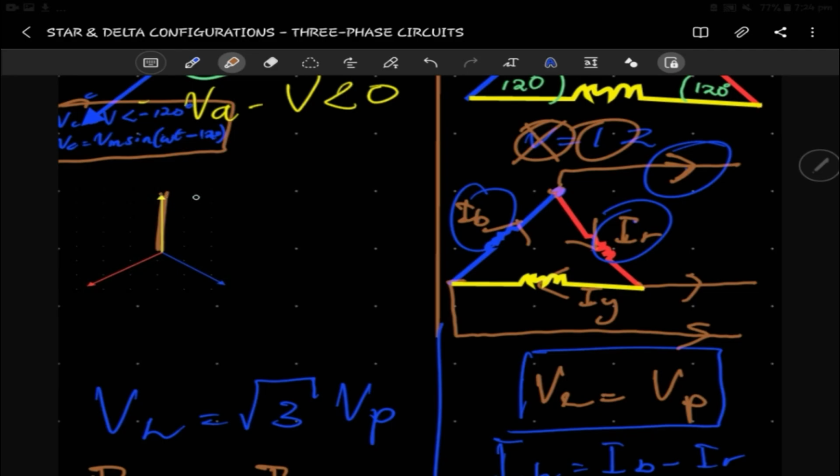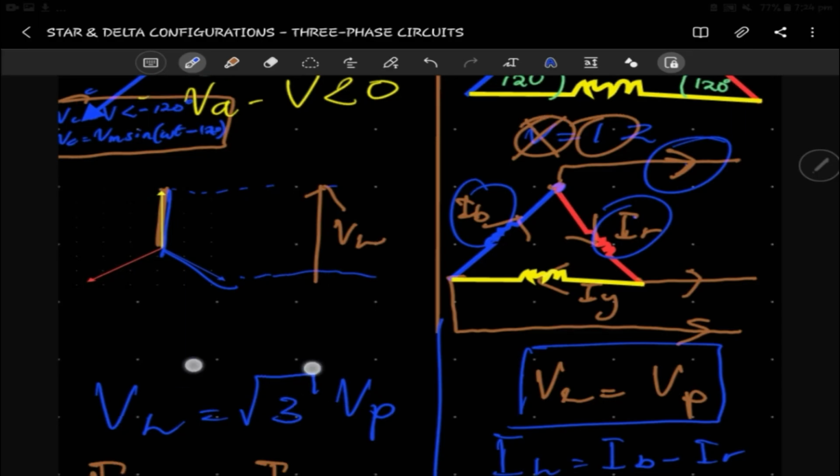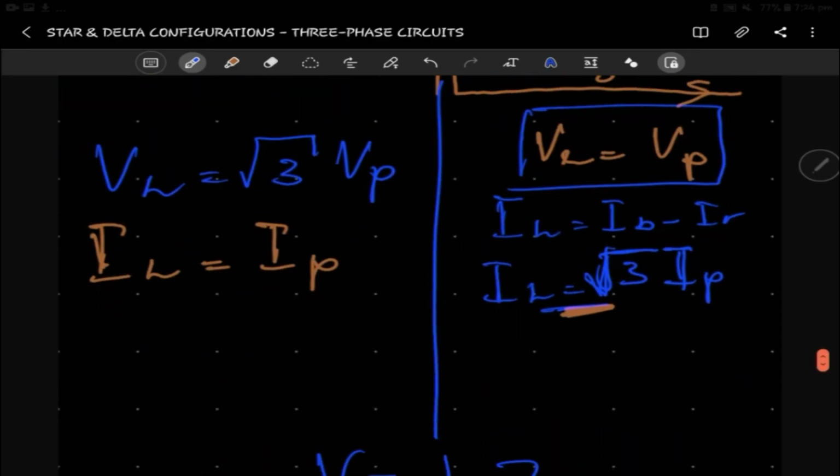So we have a reference here, another one here, and we said we do it anti-clockwise, right? So that will be this way. So this here is basically the line voltage, right? And we know the phase voltage is here, another one is here, right? And then when you do the whole computation, you see that yes, it is so, right? So this is basically the relationship between these two.